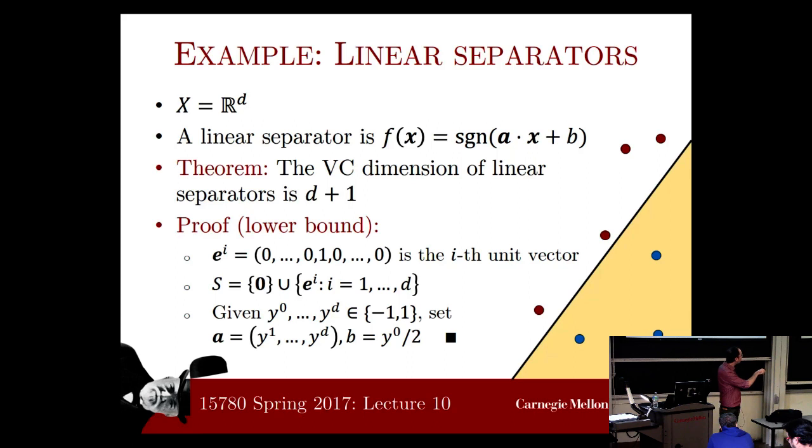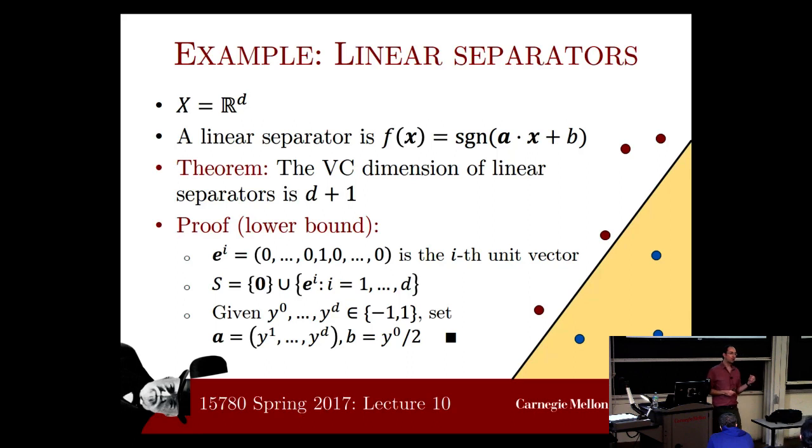And yi for i greater than 0 is the label that you want ei, the ith unit vector, to have. So if you tell me 1, it means you want the label to be positive. If you tell me minus 1, you want the label of the corresponding point to be negative. That's how you specify your labeling.